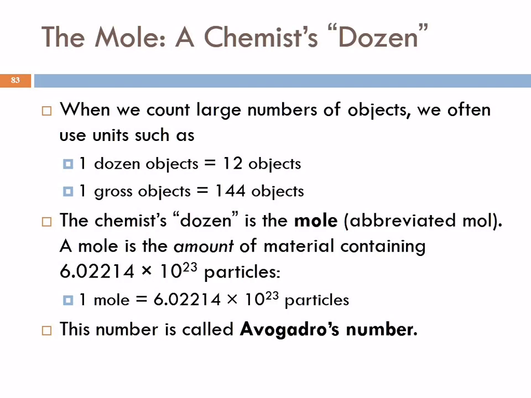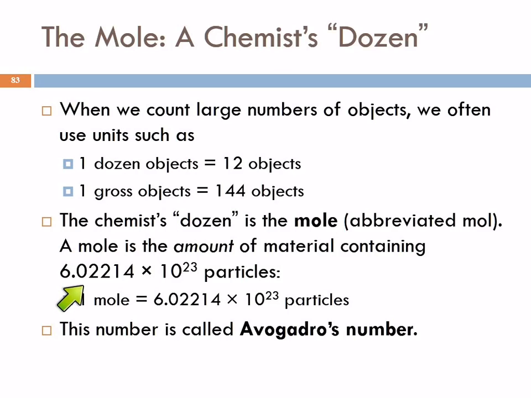Well, in science and chemistry, we have our own unit for counting because even a gross is too small of a number. We use what's called the mole, M-O-L-E, and it's abbreviated mol. Personally, I don't think it's a long enough word that it really needs an abbreviation, but it has one. So we sometimes call this the chemist's dozen because it's a counting number.